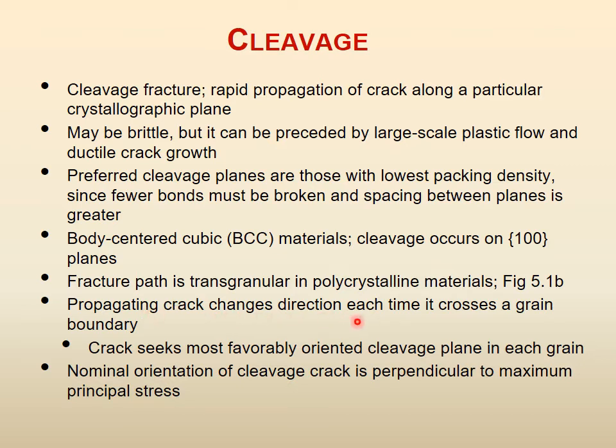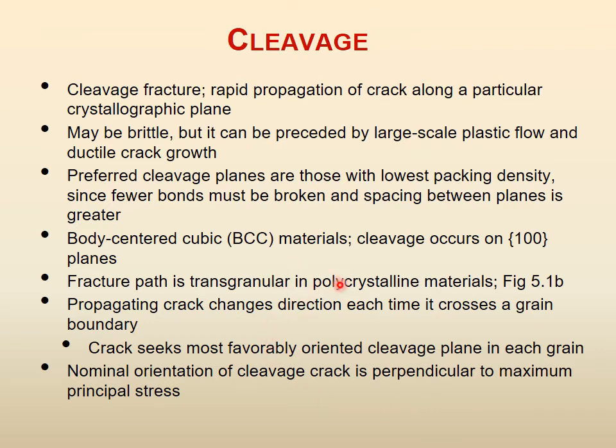The propagating crack changes direction each time it crosses a grain boundary, and the crack seeks the most favorably oriented cleavage plane in each grain. We just told you that in BCC materials it is 100 and so on. The nominal orientation of the cleavage crack, nominal, right, is happening locally, again just like we did in ductile crack growth previously, where there was a 45-degree line and another 45-degree line and another, but overall it is following in this direction.